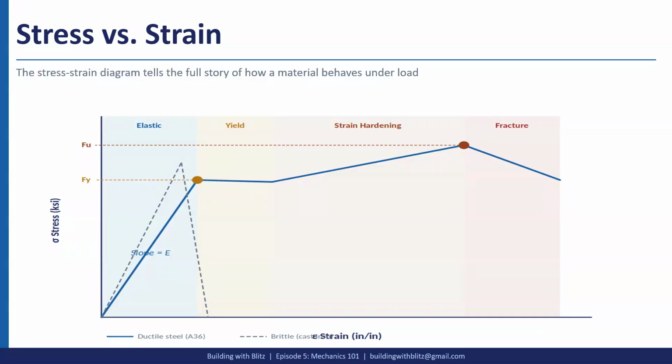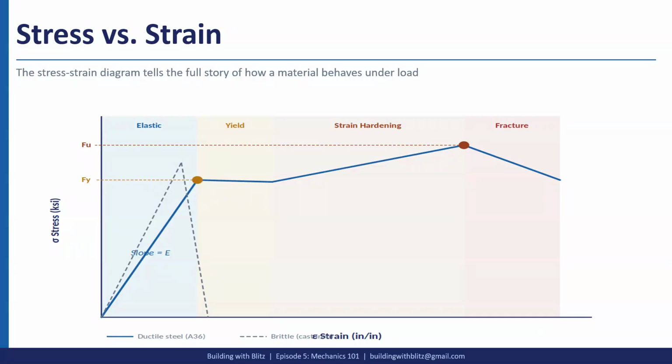Once moving on to that, we have plastic deformation. Then we have what's called strain hardening. This gets us to the F sub u value on this graph, where we have some plastic deformation, but the material is continuing to experience internal stress, increasing the strain.